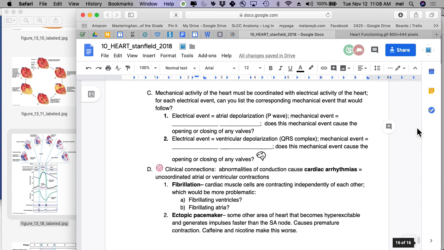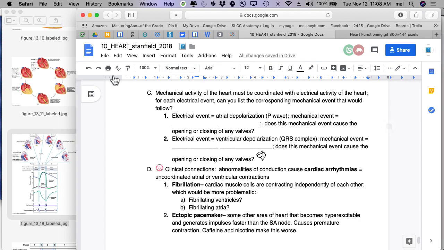Not semilunar first. What happens first? Close AV valves, pause, generate more pressure, and then open semilunar valves. Yes, and that's the order that it goes in. You can do it otherwise, but you're probably going to croak. Everybody okay with that?